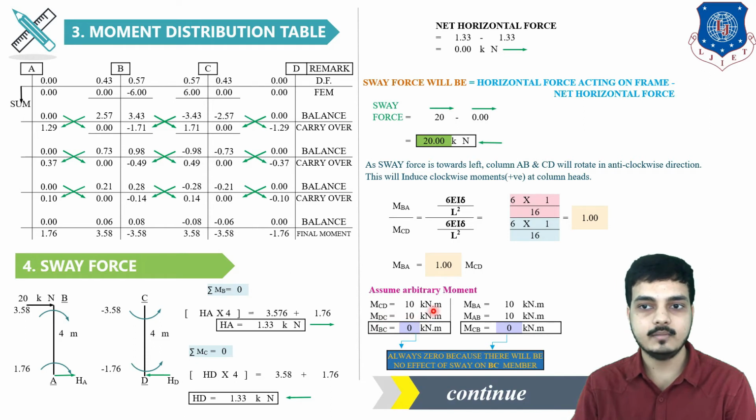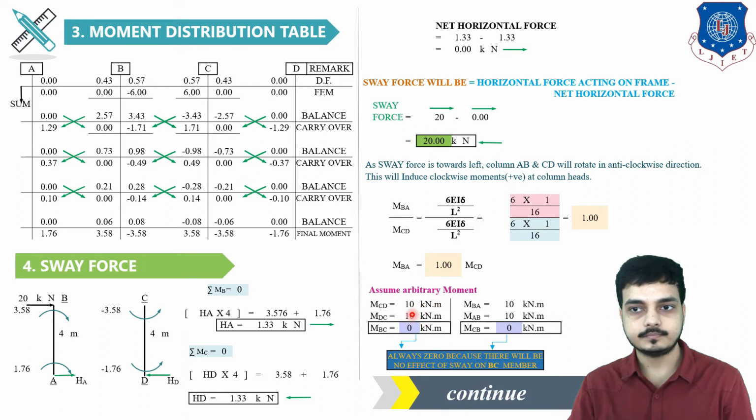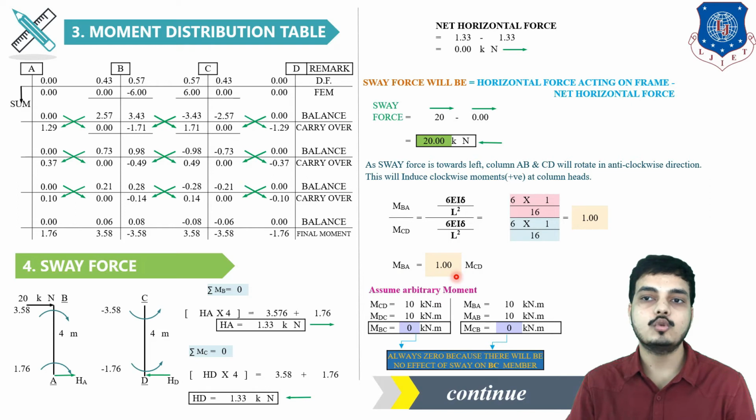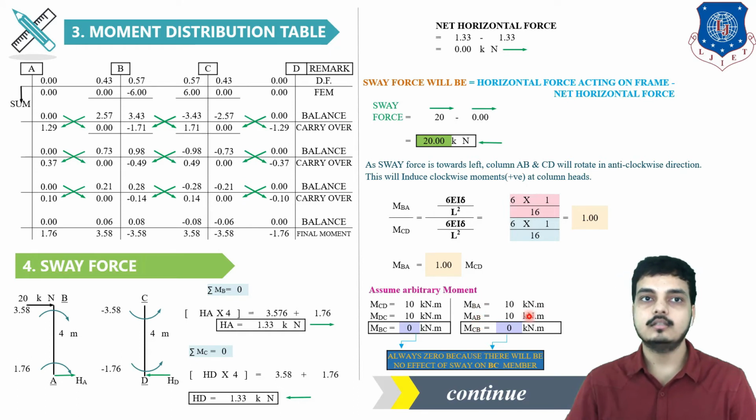For MDC I have assumed the same 10 kN into meter. Whatever value you assume for the top head, means for MCD, that should be the same for MDC. Now to find MBA we have to use this relation. MBA equals 1 times MCD. Ultimately the value will be 10 only. And the same value for MAB, which is 10.